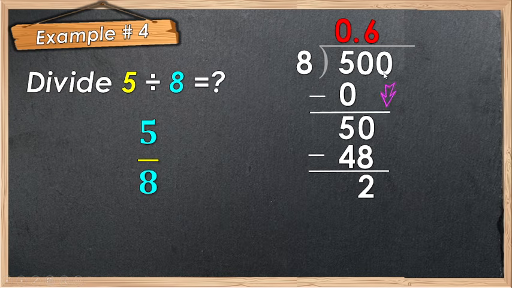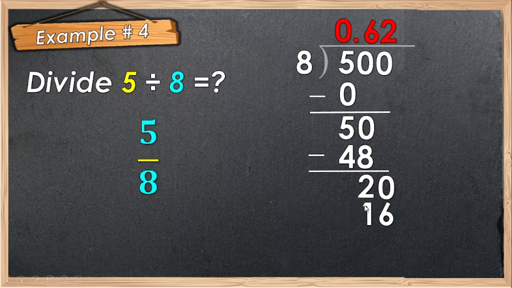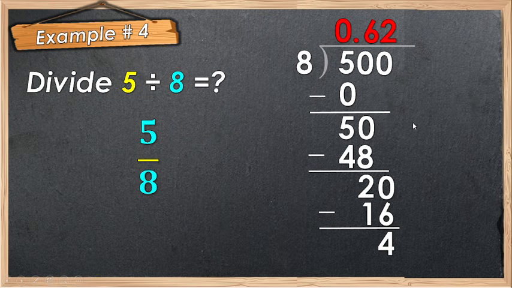So you need to bring it down. We have now 20 divided by 8. The answer is 2. Then 2 multiplied by 8 is 16. We have now 20 minus 16. The difference is 4. Then again, add 0 and bring down.